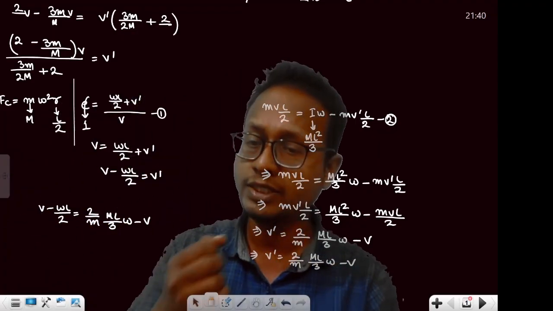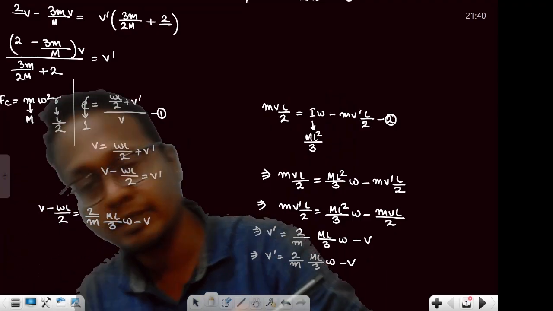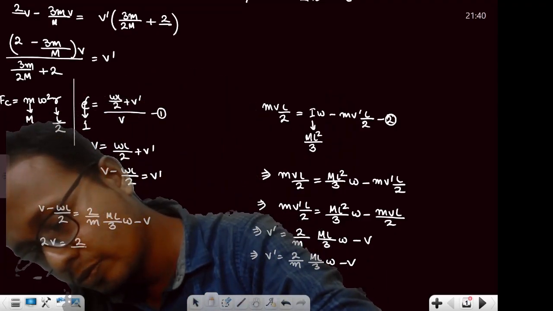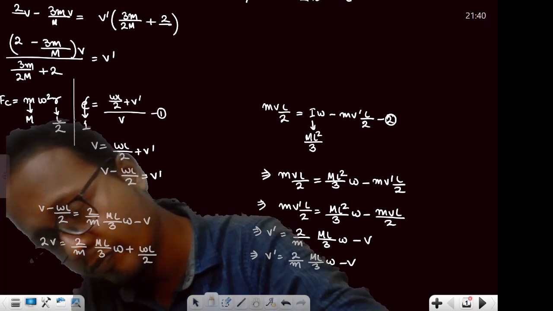Isolate omega on one side and V on the other side. So V plus V: if this V goes to the left, it becomes 2V. 2V is equal to 2 by mL by 3 into omega plus omega L by 2.